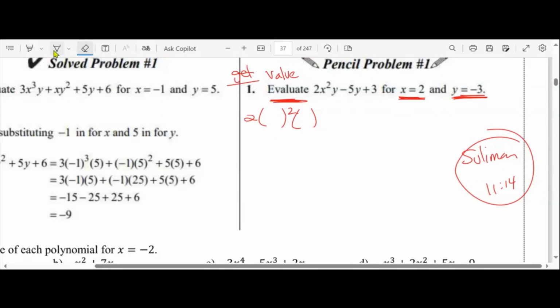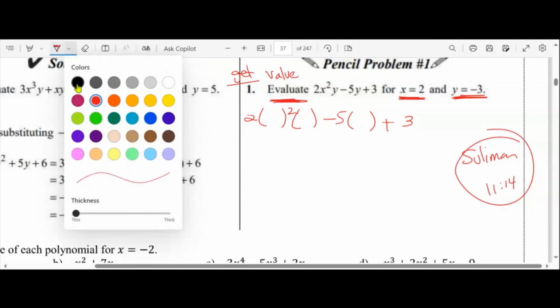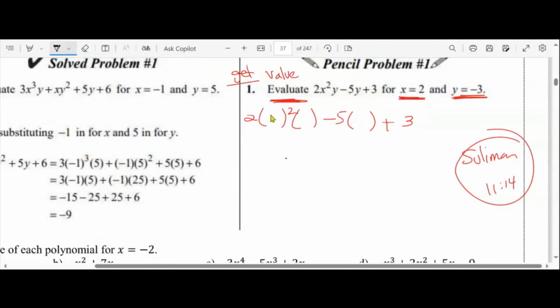I like first to make parentheses like this. I enjoy making parentheses. Okay, tell me how much is x? 2. Y? -3. Then 2 to the power of 2 is 4. 2 times 4 is 8. 8 times 3, how much? 24, as negative.